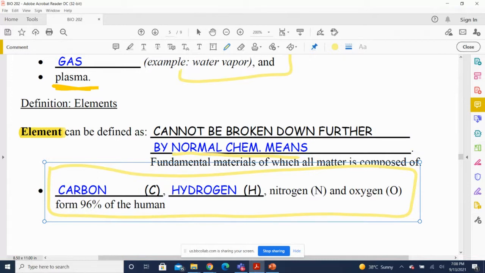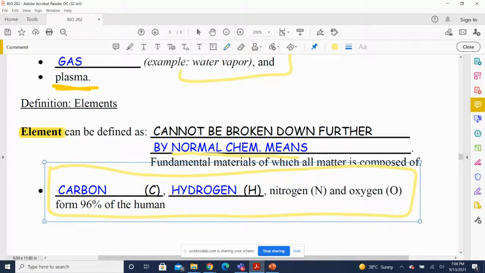And it really is the carbon and hydrogen that are going to be the most important when we study organic chemistry. Organic chemistry is based on the study of carbon and hydrogen and then other stuff that's attached to those. So that's the definition of elements.